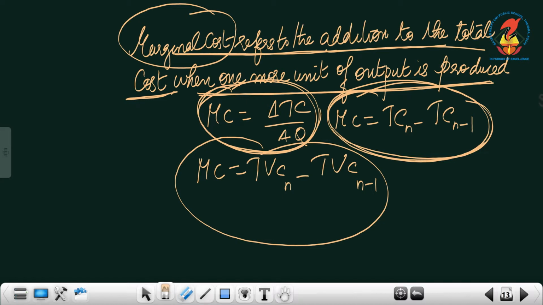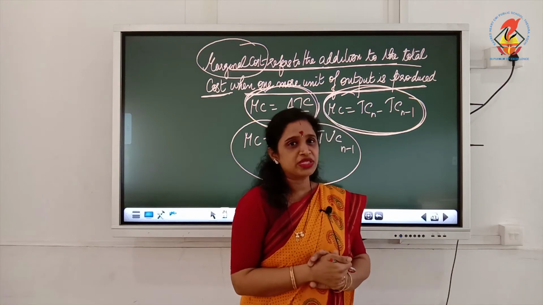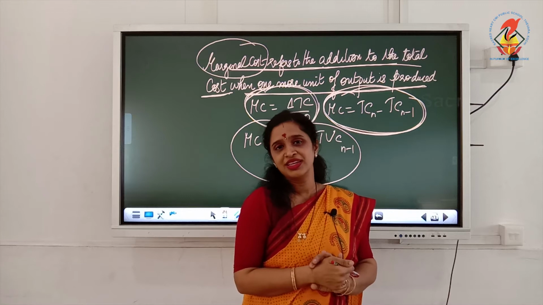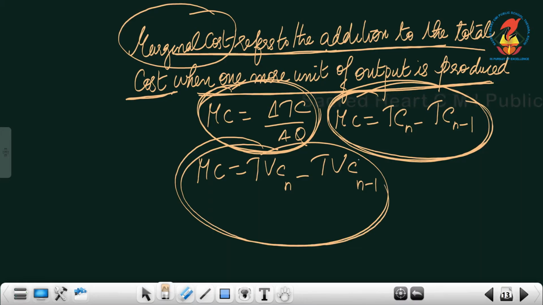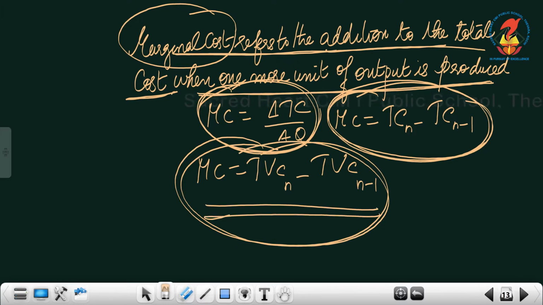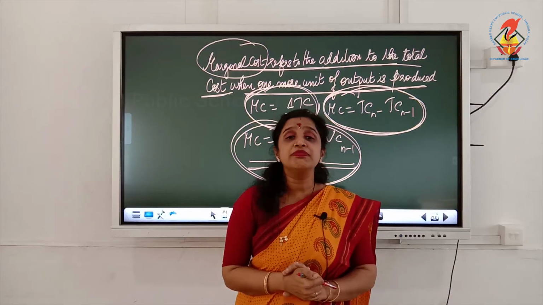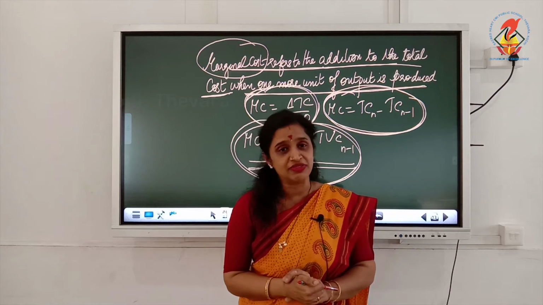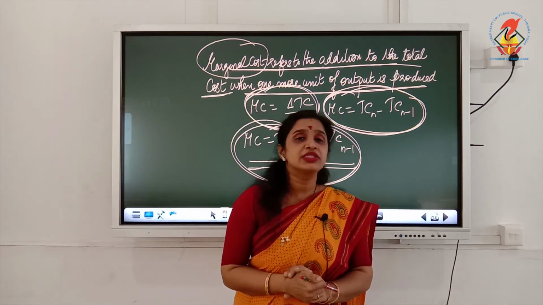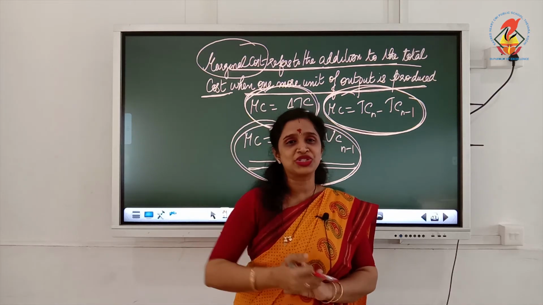Now you can also find out MC from TVC. MC is equal to TVCn minus TVCn minus 1. This is a very important point that you have to remember. How? There is a connectivity between marginal cost and total variable cost. What is that connectivity? What is meant by marginal cost? Addition made to the total cost.